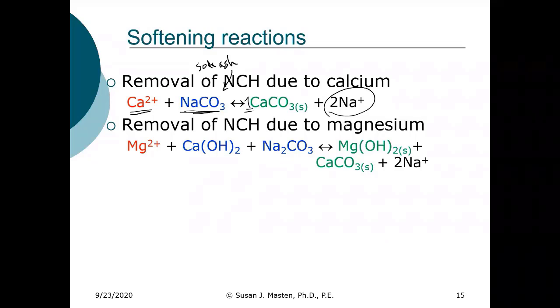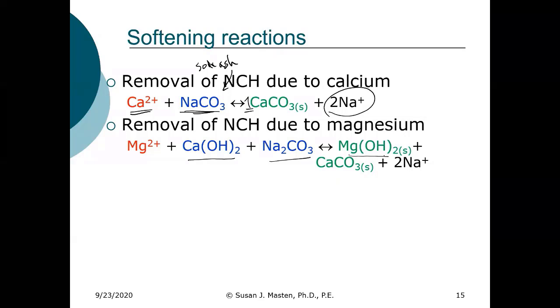To remove the non-carbonate hardness due to magnesium, we need lime, we need soda ash, we will produce magnesium hydroxide, we also produce calcium carbonate sludge, and we add more sodium. Basically, it's more expensive to remove non-carbonate hardness than it is to remove carbonate hardness. So if we can avoid removing the non-carbonate hardness, we will. If we can avoid removing the magnesium but still produce desirable quality water, we will avoid removing magnesium.